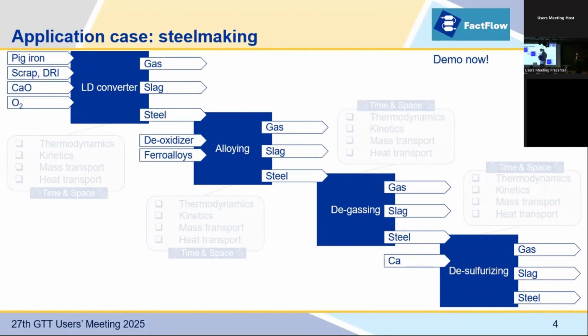And then we have the ladle metallurgy with alloying, degassing, and desulfurizing, again with many input and output streams. If you work with a real system, you probably want to optimize these streams in a way that you can recycle cheap scraps, for example. There will be one example that we will introduce later. Shivani, please introduce us to how to get started with FactFlow.